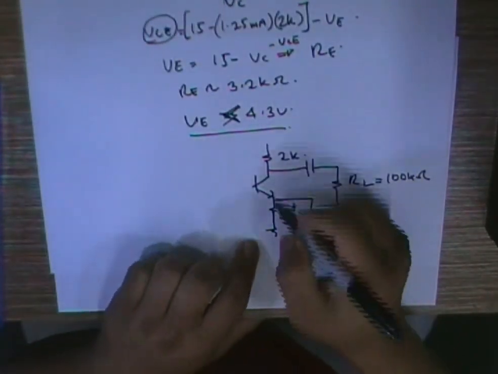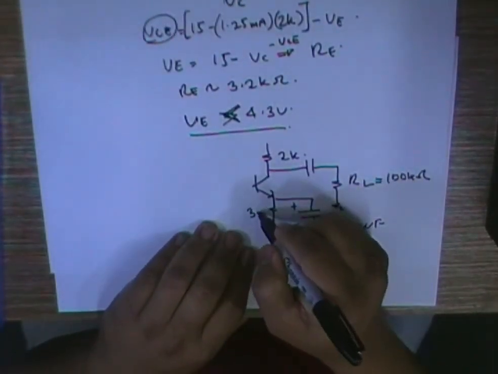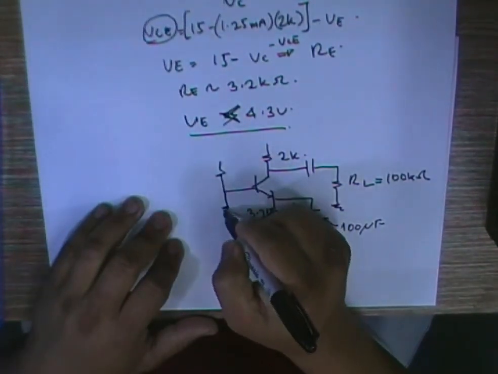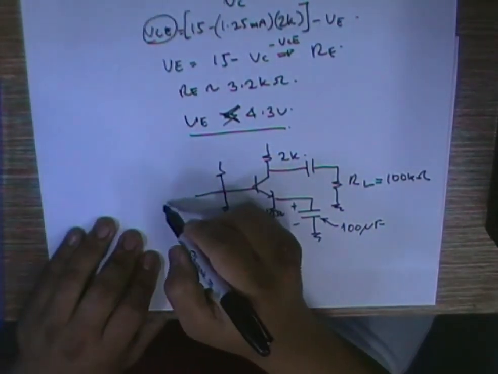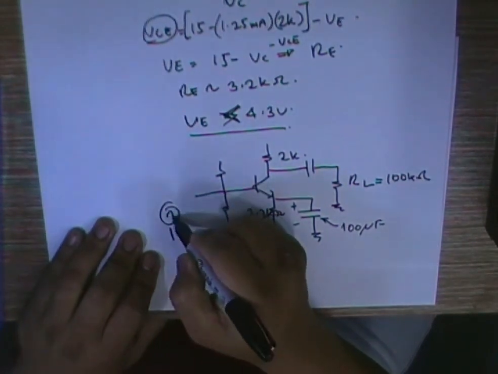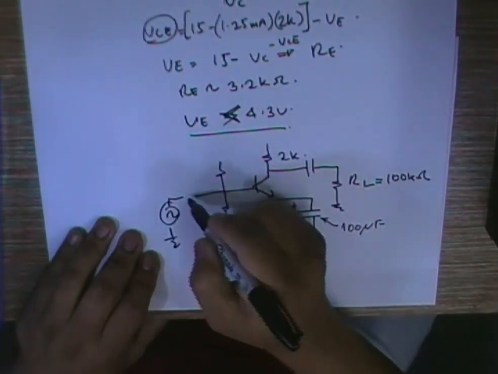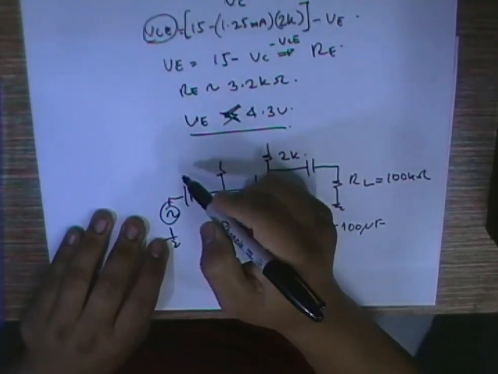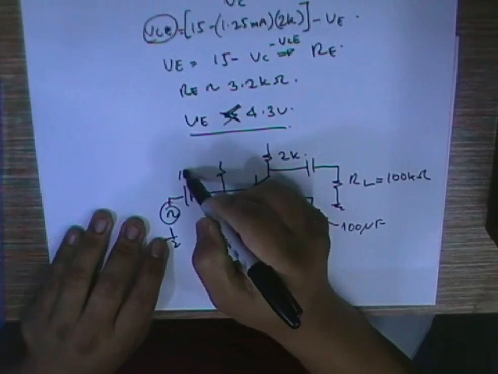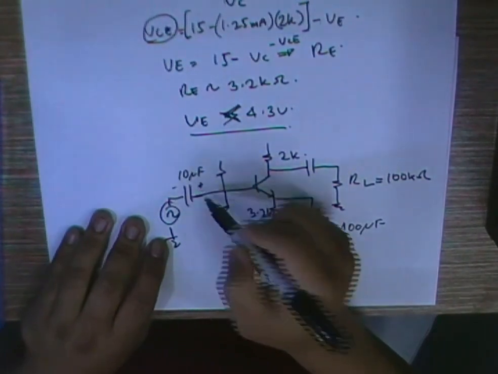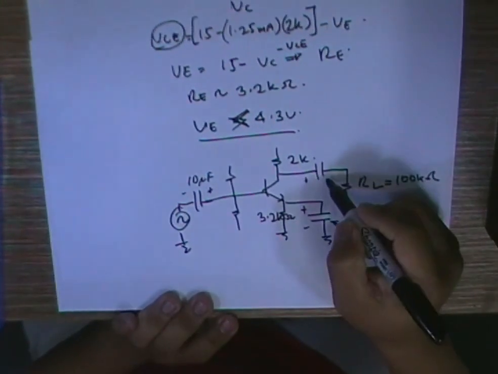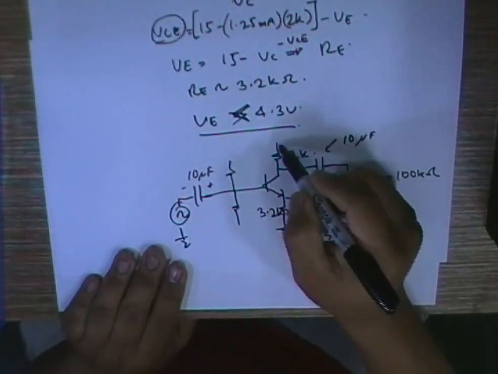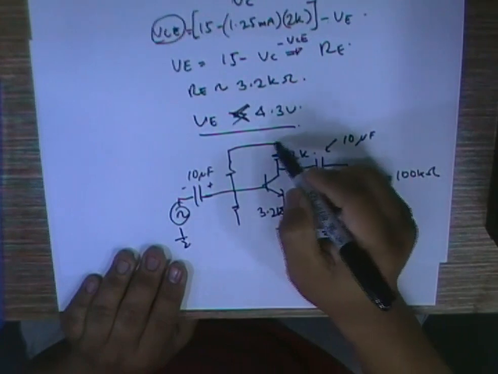So this is the one that you calculate. So this thing you can use around, this will give you a good value. You can put this thing 10 microfarad. So this is the required.